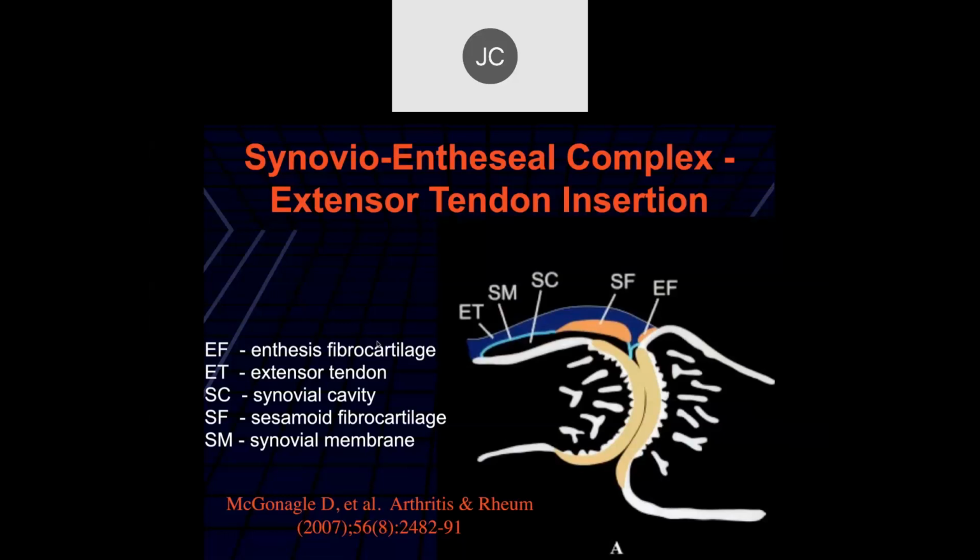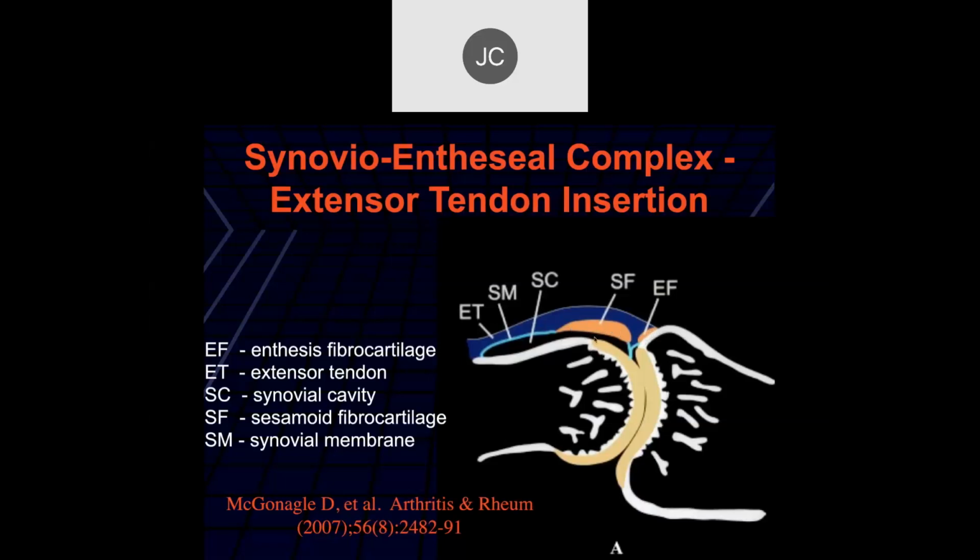Now, one thing to remember a little bit is the anatomy of these tendons where they attach near to the bones over joints. It's called the synovial enthesial complex. At the extensor tendon insertion, you have a little cartilage. Looking under the microscope, the cells within the collagen fibers of the distal insertion have more of a cartilaginous appearance.